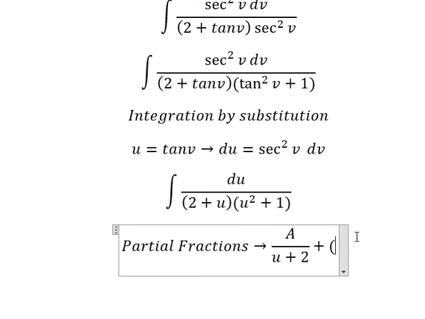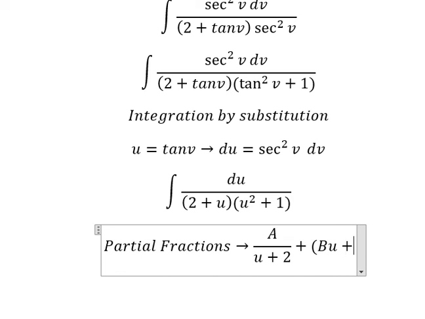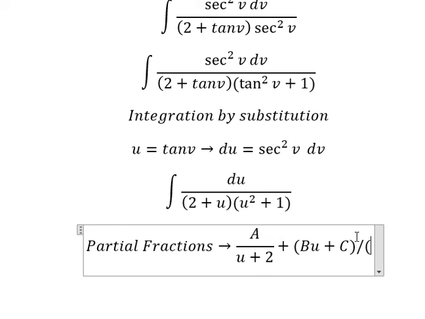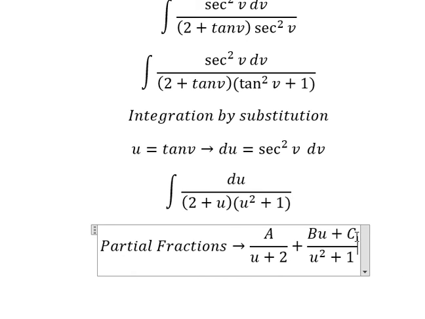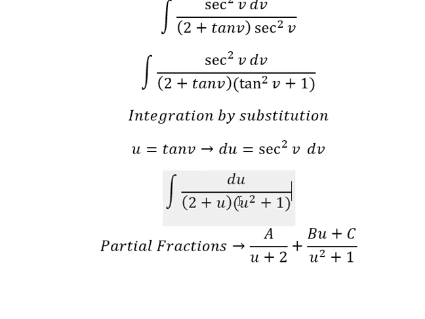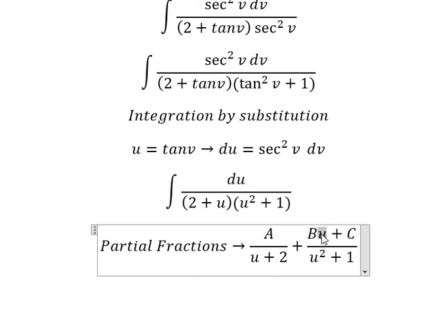And we have Bu plus C over u squared plus 1. Because we have the power 2 in here, on the numerator there should be u to the power of 2 minus 1. We reduce by 1 unit of power, and that's why you get it like this.